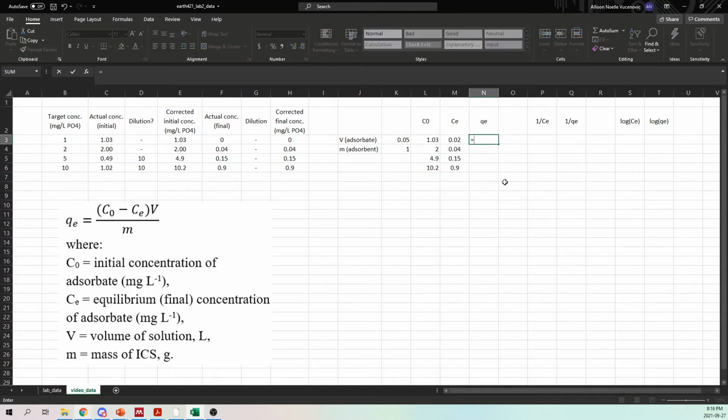So our QE is just our initial minus our final, times the volume of your adsorbate. Make sure you put your $ sign in to keep this a constant, divided by the mass of our adsorbent.